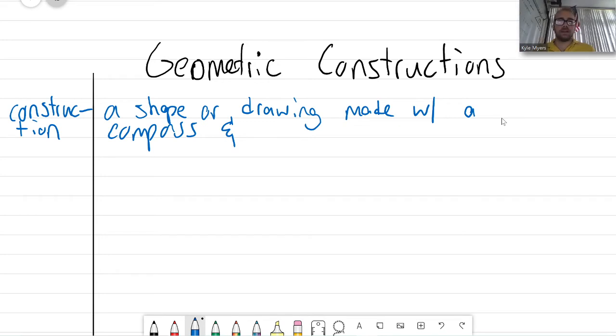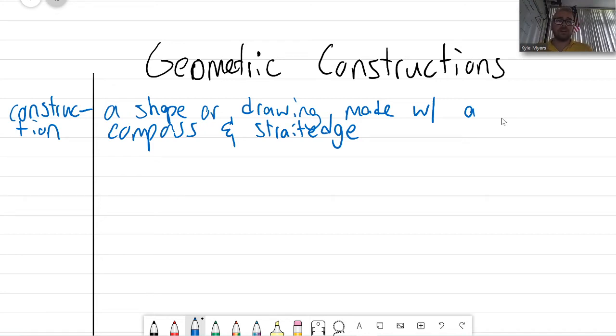If you want to make lines, you can pretty much use anything, right? So you can use like the side of your phone even, minus where the buttons are. You could use a pencil, you could use a book. Anything that has a straight edge to it, we call a straight edge. So straight edge, all one word. All right, so construction: a shape or drawing made with a compass and straight edge.